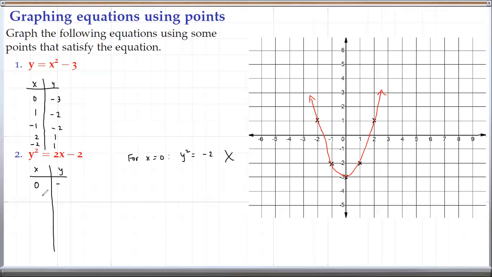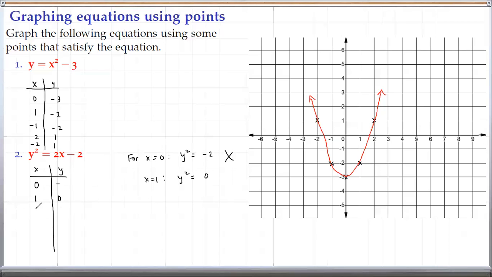When x is 1, we have y squared equals 2 times 1 minus 2, which is 0. So that means y must be 0. So the graph of this function must go through the point 1, 0.